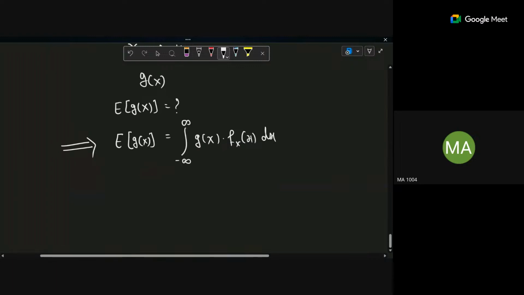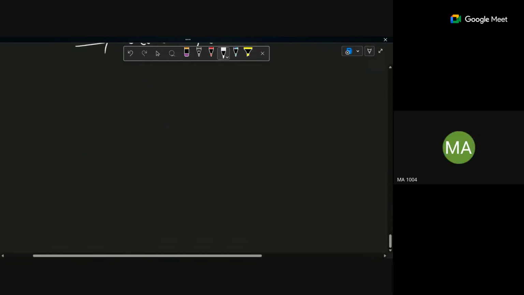So do you want any example based on that? Let's say an example. Instead of g of X, what can we use? Let's say you have a function. Just a minute.